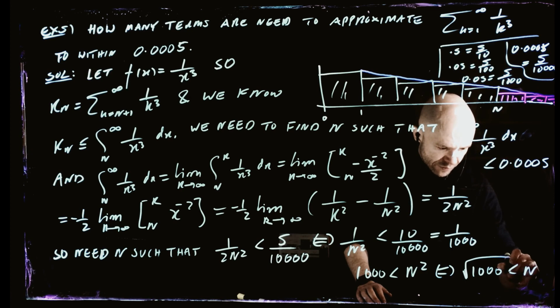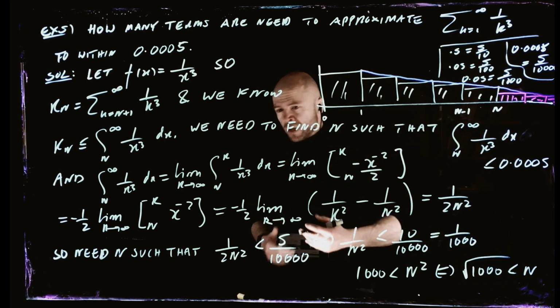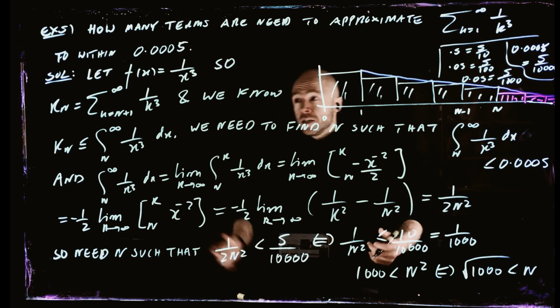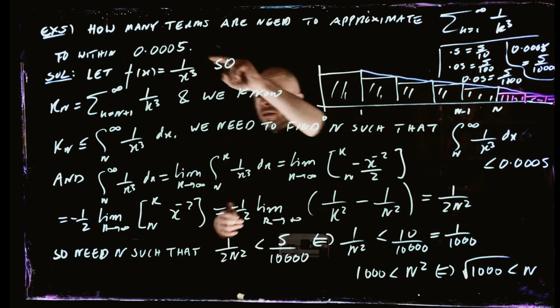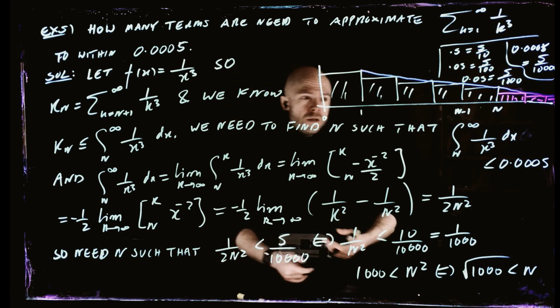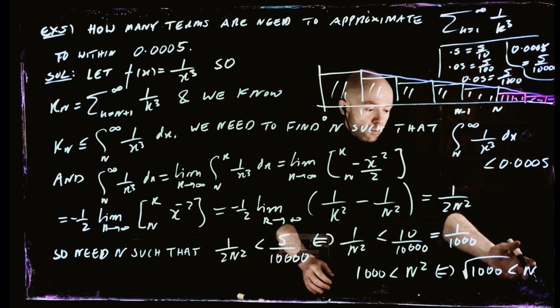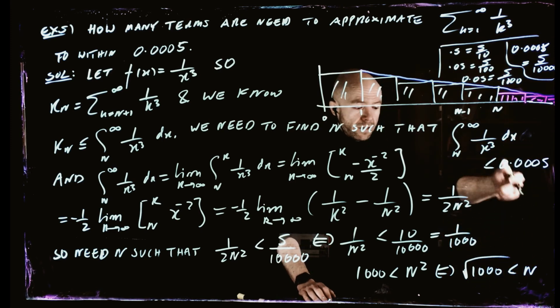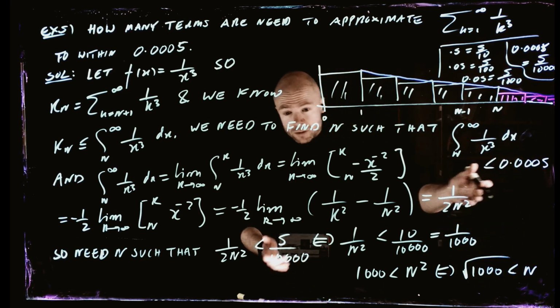Obviously, we don't want to do more work than we have to do. We don't want to sum more terms than is necessary because we've been asked to get the precision to within this. You know, if we took the n that solves this and then added another 5 million terms, then that would have more precision.